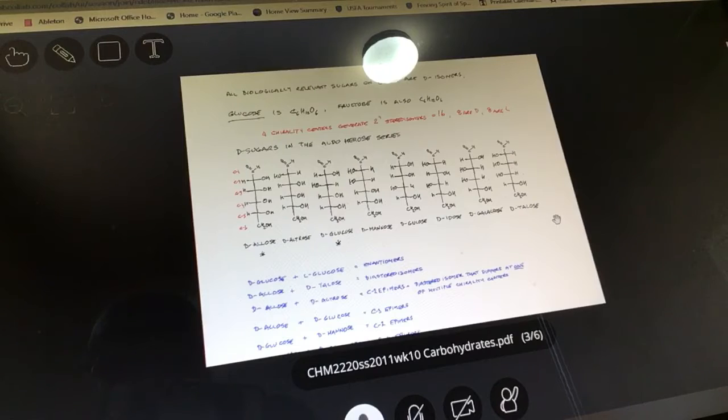They're all written in a way that the aldehyde is at the top and the primary alcohol is at the bottom. And then I have a series of alcohols. And of course, the bottommost secondary alcohol is always on the right, because these are the D sugars.